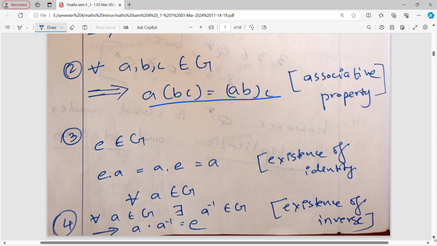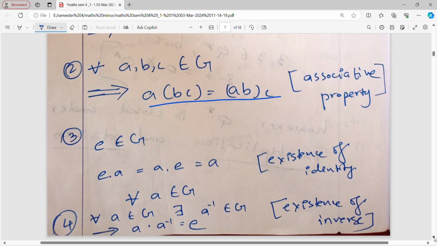In case of the set of N, consider the number 7 under the operation of multiplication. Then we know the identity there is 1. Multiplying 7 with which number will give you 7 itself? That is what identity is. So 7 into 1 is equal to 7. So in multiplication the identity is 1, and in addition the identity is 0. 0 plus 7 is equal to 7 plus 0 is equal to 7, for all A belongs to G.